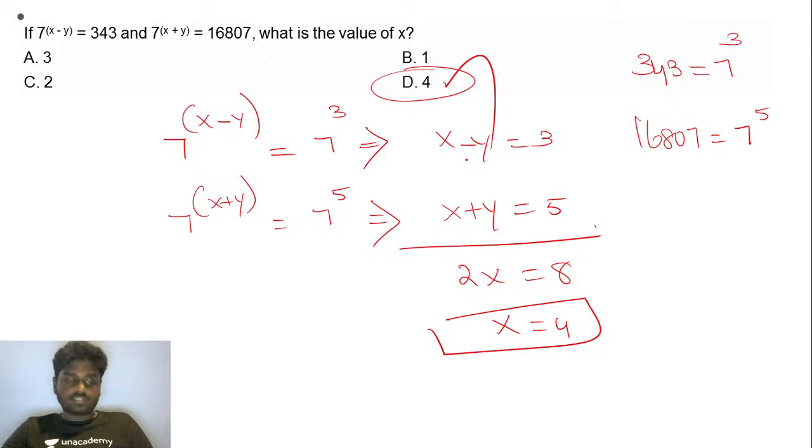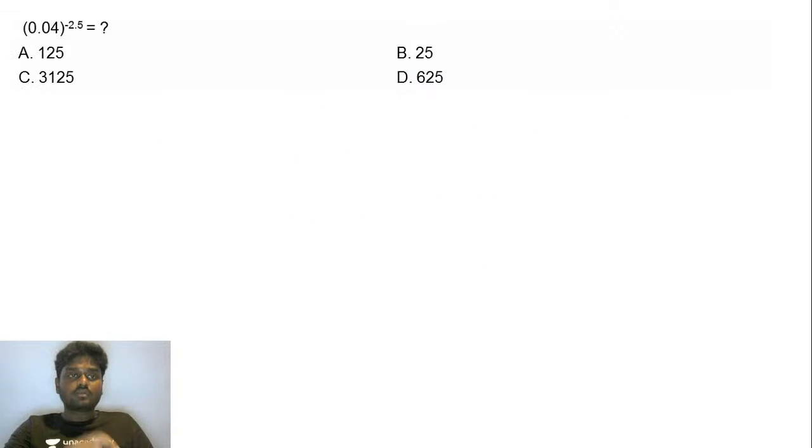Very good, very good. That's it. Next question, quickly. Good. Come on. What for this one? So what is actually the right option for this question?